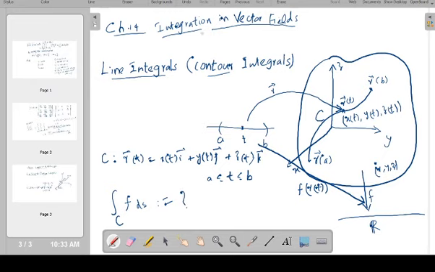So what we do is we partition this c into smaller subarcs: first subarc, second subarc, third subarc, and so on. Suppose this is a typical subarc, the kth subarc.